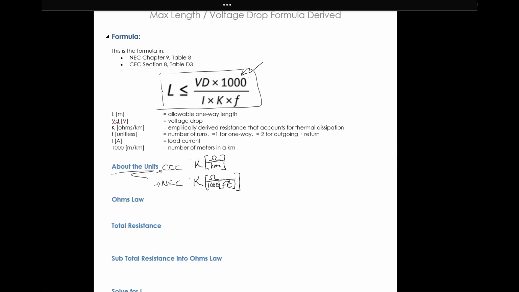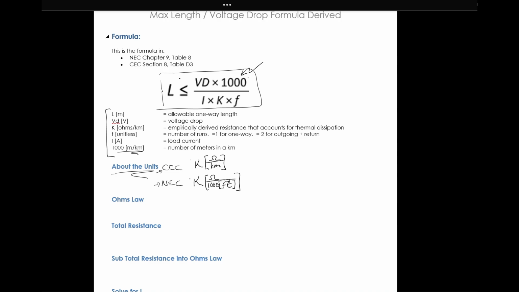So conveniently, no matter where we are, we can use this same formula. I'm showing it here in metric, but the 1,000 feet in the National Electrical Code is what that 1,000 would be there for.